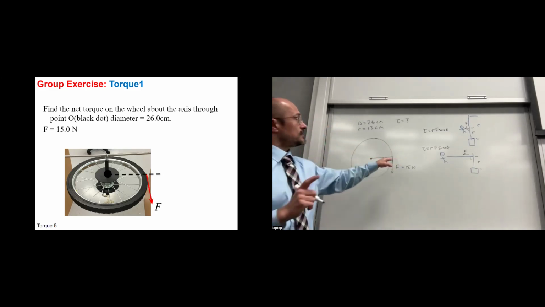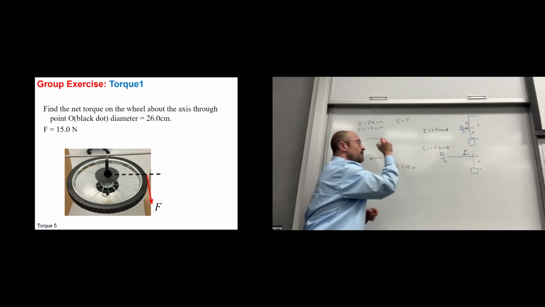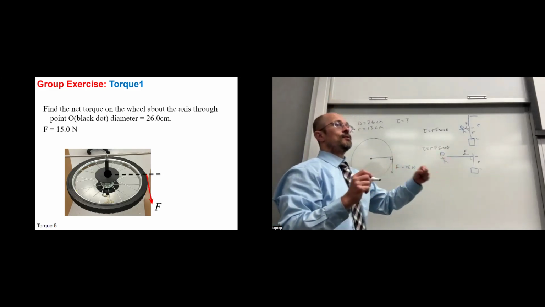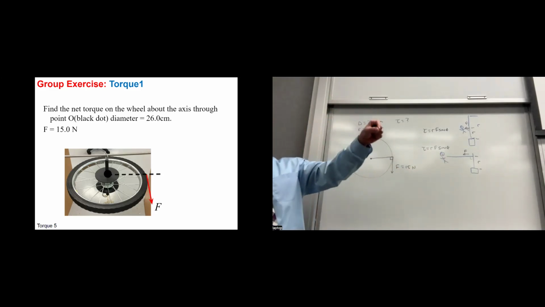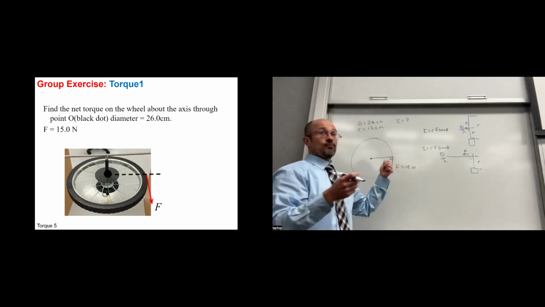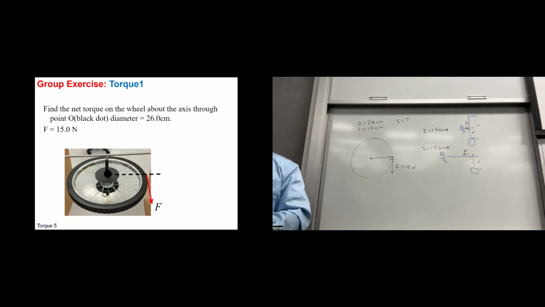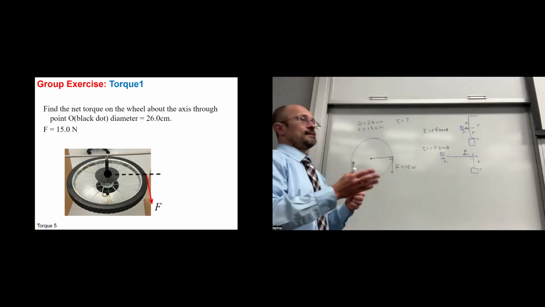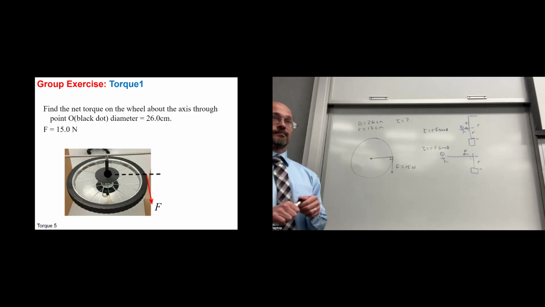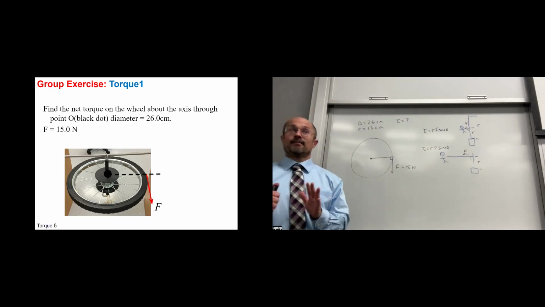So whenever a force is applied to an edge of a circle, you can assume, unless otherwise stated, it is a right angle that the force is applied at. Unless they come into the problem and tell you this force was applied at some angle to the edge of the system, you assume it's a right angle. All right, because most of the time they will be at right angles, because it takes effort to change the angle on your force application on a wheel. Is everyone okay with that?